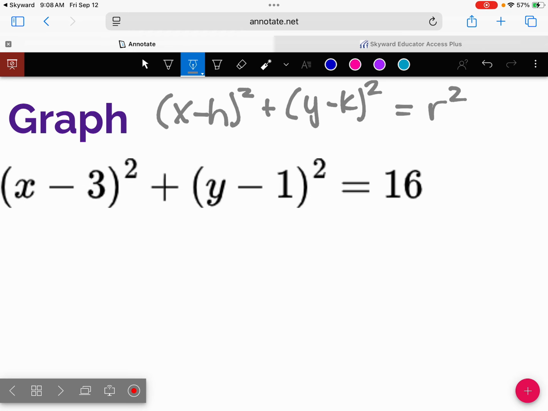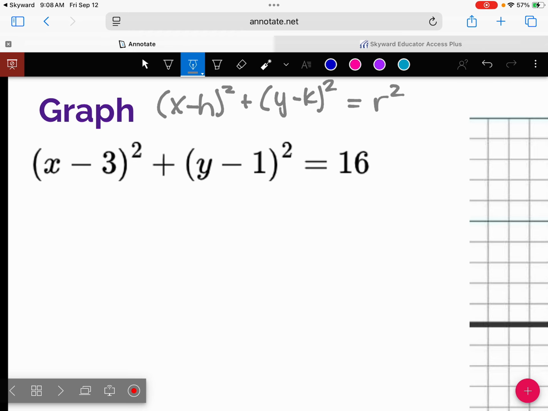So we're going to work with the quantity x minus 3 squared and the quantity y minus 1 squared. And that's currently set equal to 16. So we need to find our h, we need to figure out our k, and we need to figure out our r.